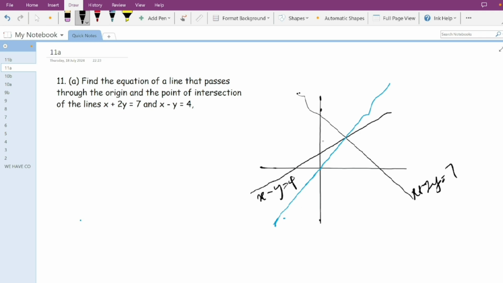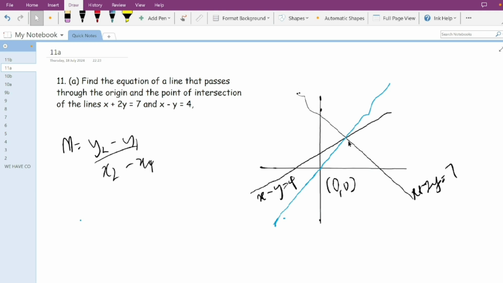Apart from finding our gradient through terms like parallel and perpendicular, you can also find it using the gradient m equals y2 minus y1 over x2 minus x1. We're not doing that now, although we have a point on it, which we can name our x1, y1, which is the point 0, 0. X is 0, y is 0.